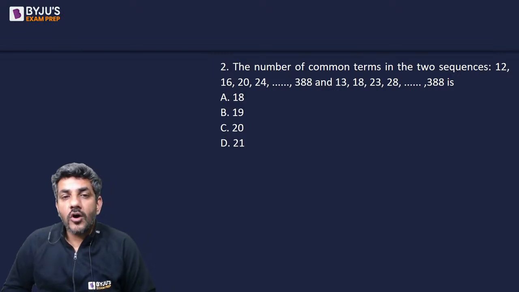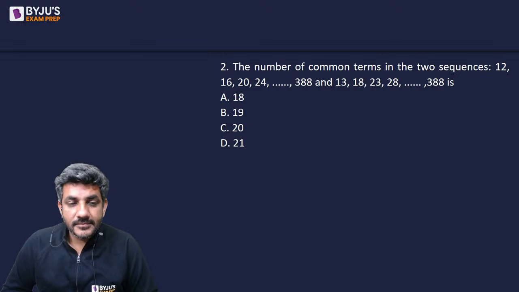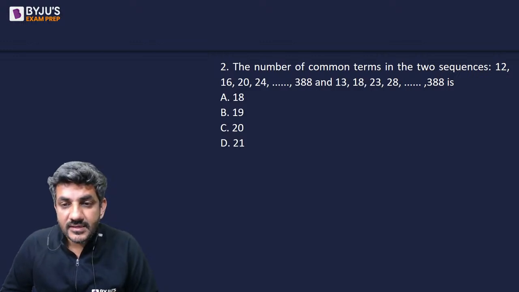The number of common terms in this sequence. You see that there are two AP series. Music core is here. He's got the answer as option C, that is 20.